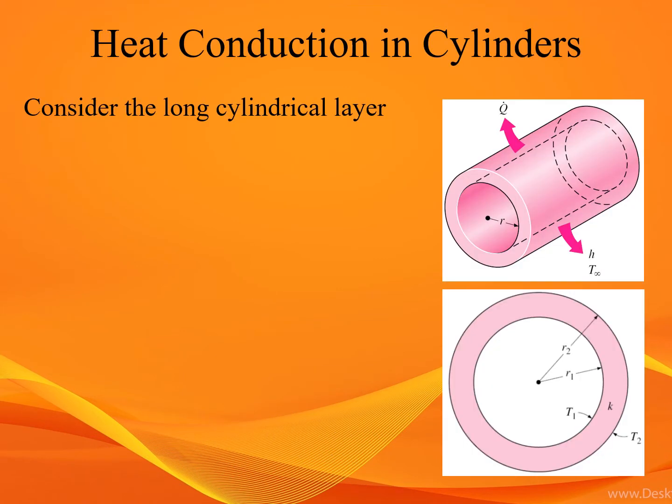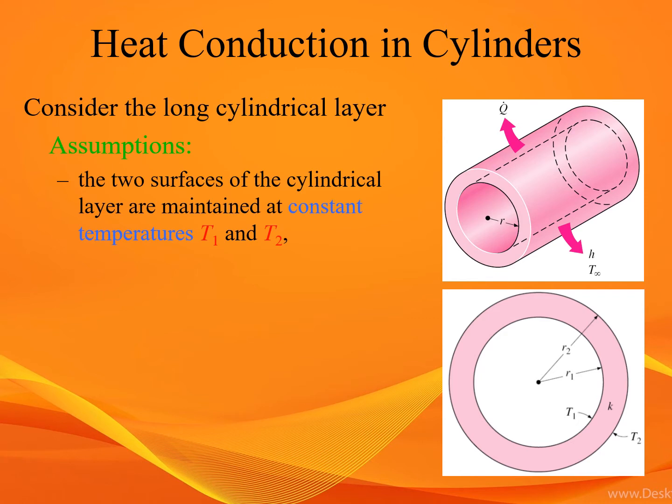Okay, move to the heat conduction in cylinders. Consider the long cylindrical layer. We must make an assumption. The two surfaces of the cylindrical layer are maintained at constant temperature T1 and T2. That means all the way this cylinder, inside we have T1, right?